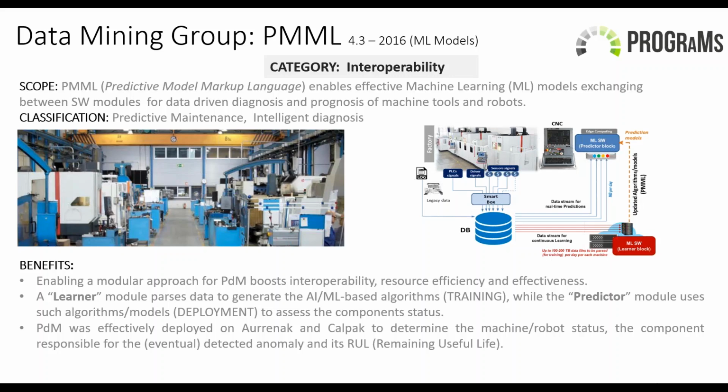Here, such a module will develop or generate the algorithms for prediction. Such algorithms will then be shared, updated once per week or once per month, and sent to the predictor block that runs locally on the CNC of the machine or on a local PC close to the facilities.